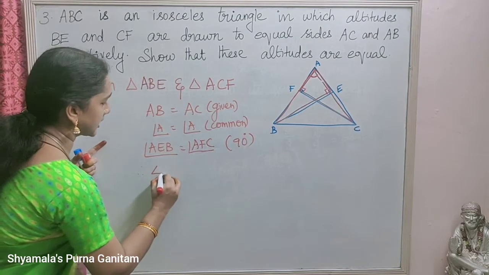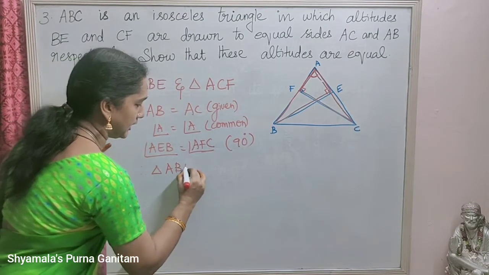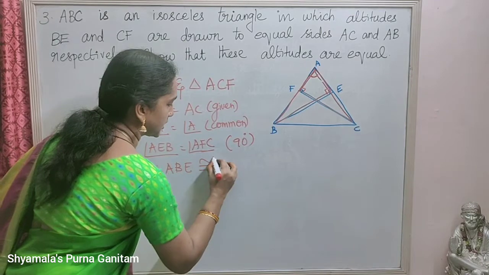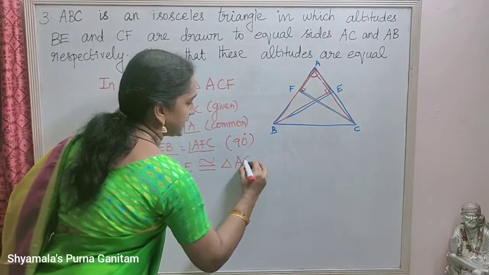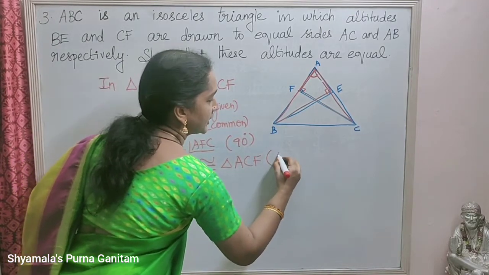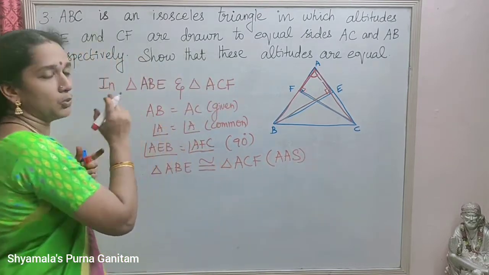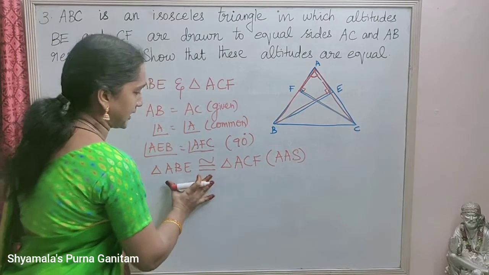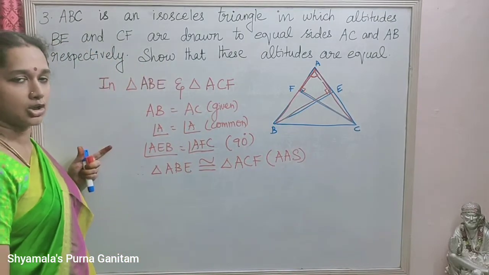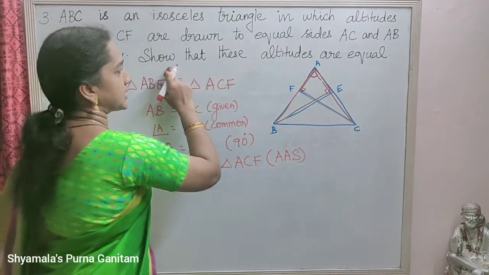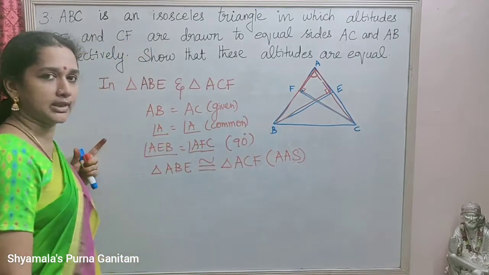Therefore, triangle ABE is congruent to triangle ACF by AAS congruency, that is two angles and one side. But our question is to show that these altitudes are equal.